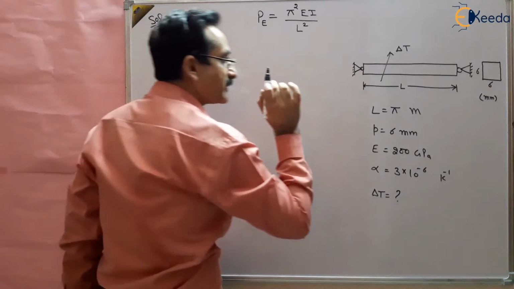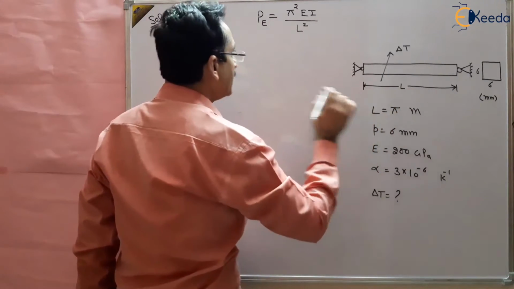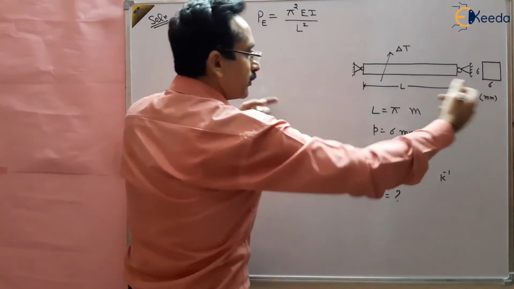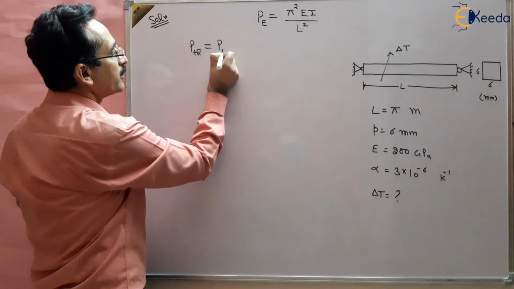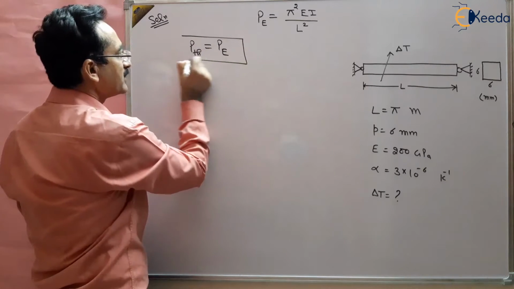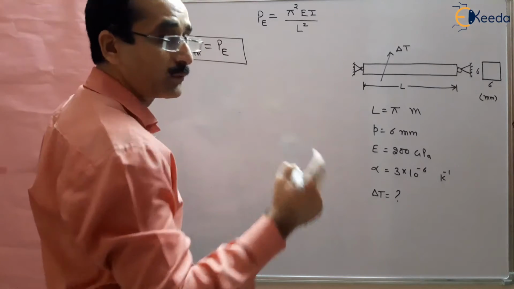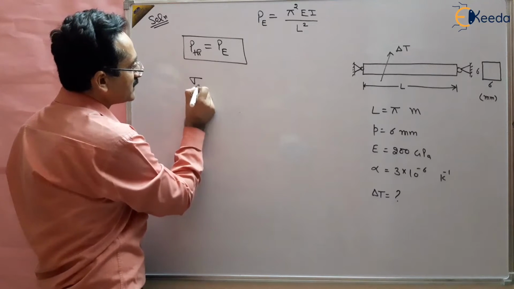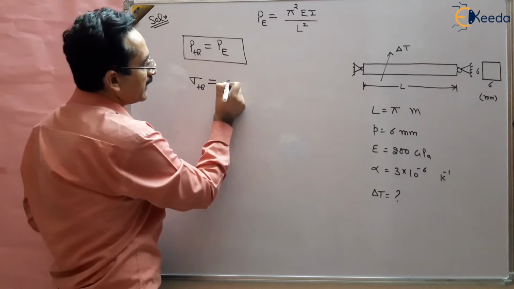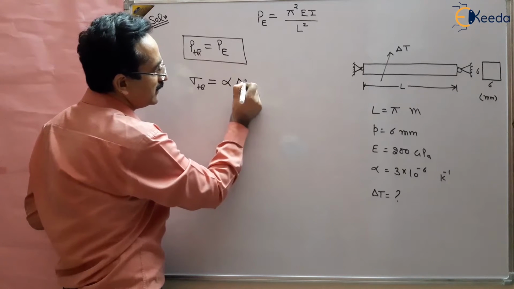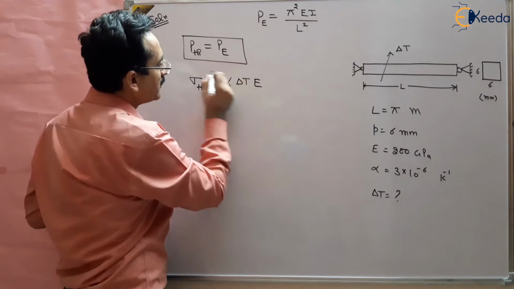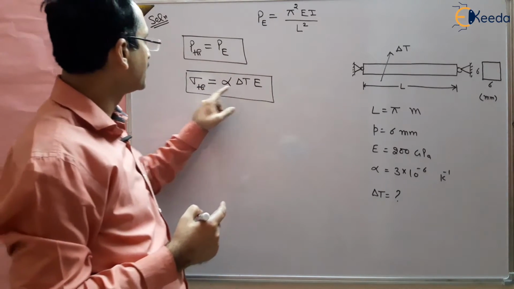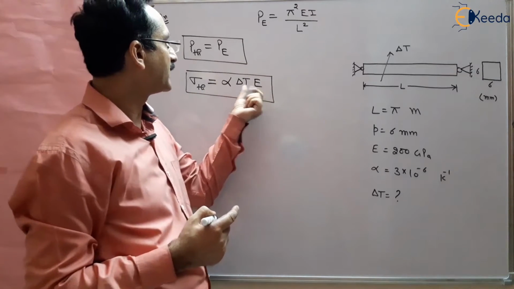And at the failure point, when the buckling starts, at that point the thermal load applied due to temperature rise should be equal to the Euler's load or buckling load, right? This is the condition at which the failure may take place in the form of buckling. So what is thermal load? We know thermal stress. What is thermal stress? That is alpha delta T E. You have to see the chapter of thermal stresses where we have derived that thermal stress is given by alpha delta T E, right?